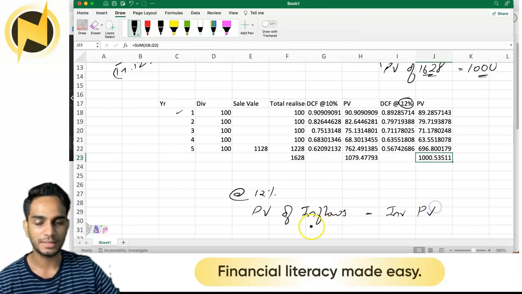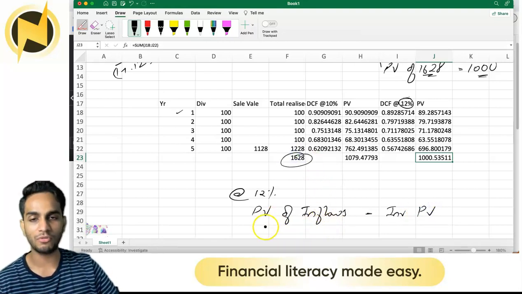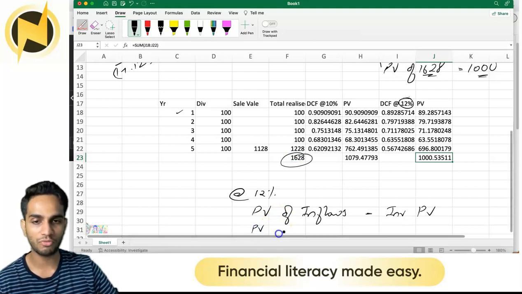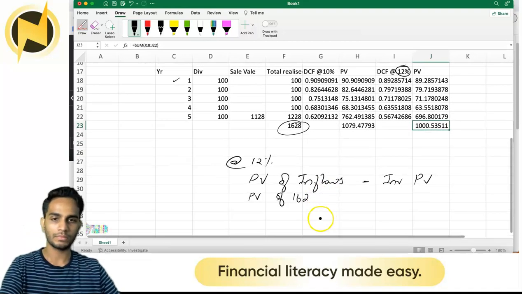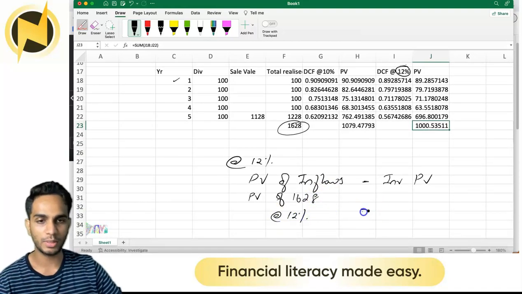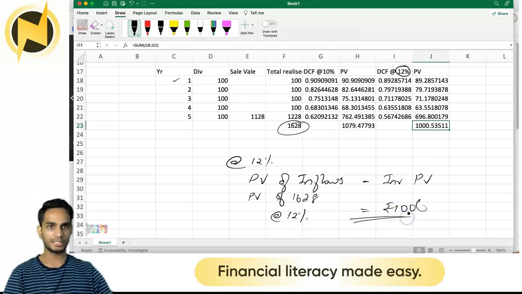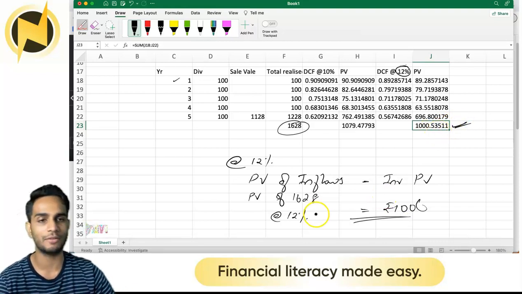That is, PV of inflows was 1628, so PV of 1628 at 12% equals rupees 1000. Yes, but say you want it to be exactly 1000, it's 1000.531511, right?